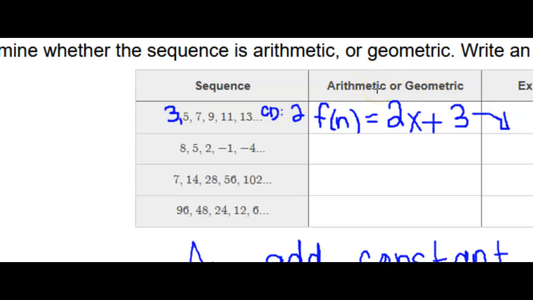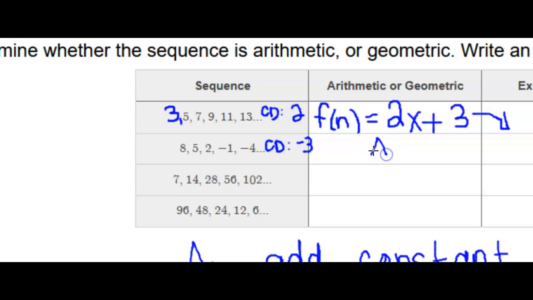So I'm going to pause this for a second, and I'm going to have you guys fill in what you think the common difference is. See if you can figure out the common difference. Okay, so the common difference here should have been -3.